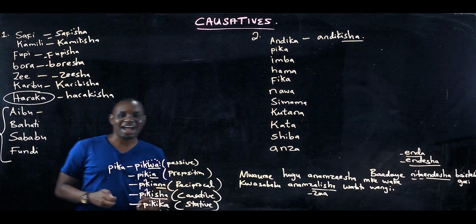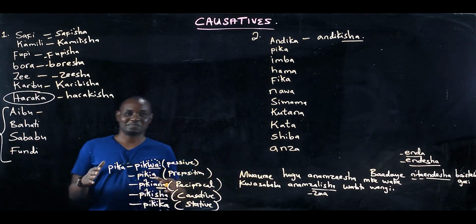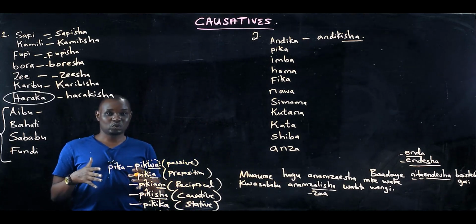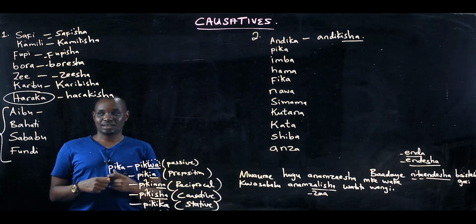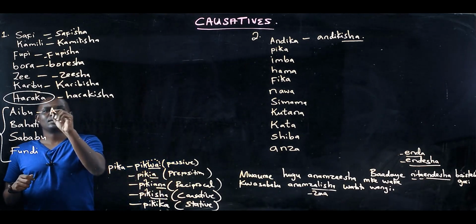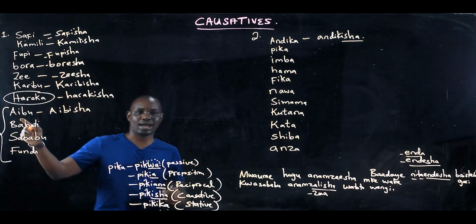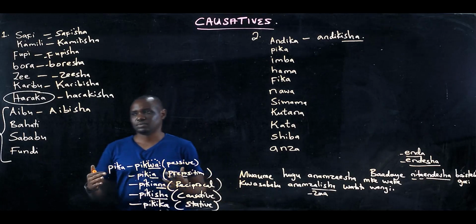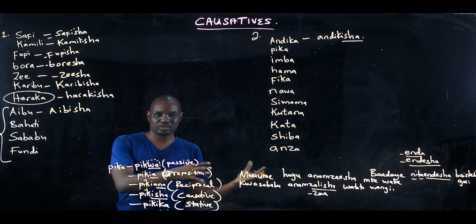Aibu. You know aibu? Aibu is shy or shame. So to shame someone is aibisha. Aibu is the noun, shame.